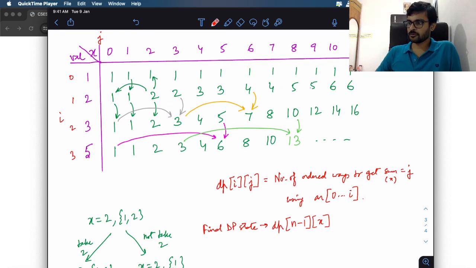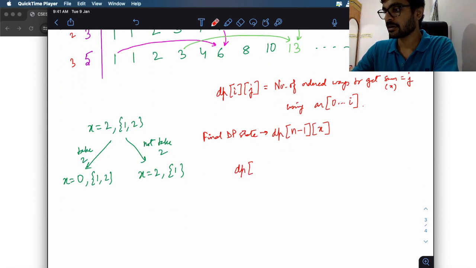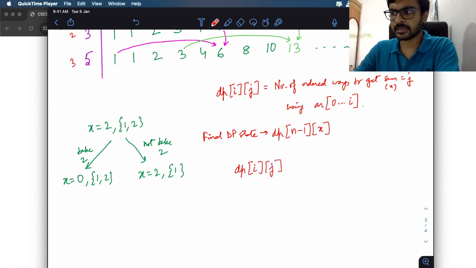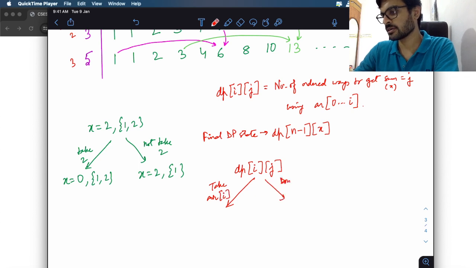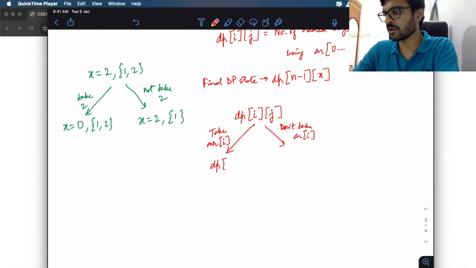And then we need only one thing, that is a recurrence. So we will say dp of i, j. arr[i] is my maximum element. So I will say that either take arr[i] or you don't take arr[i]. If you take arr[i], then how many choices you have? You have dp[i][j minus arr[i]].